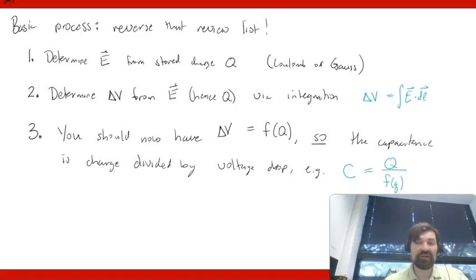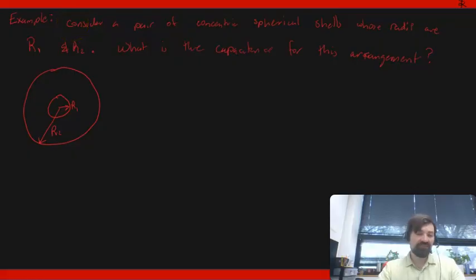What does it look like in actual practice? Suppose you have a pair of concentric spherical shells, as drawn in cross-section here. Inner one, radius R1, outer one, radius R2. We want to know what the capacitance is for this arrangement.